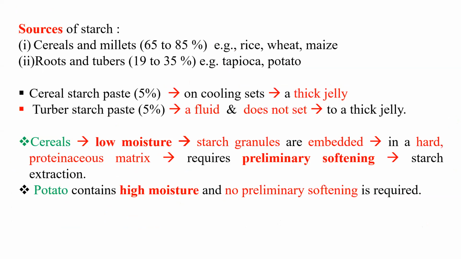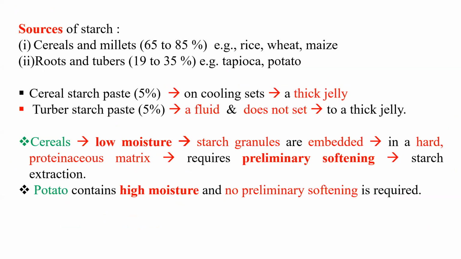There are various sources of starch. Specifically, these are divided into two groups, that is cereals and millets, and roots and tubers. Cereals and millets contain in the range of 65 to 85% of starch, for example rice, wheat, maize, etc. Whereas roots and tubers contain in the range of 19 to 35% of starch, for example tapioca and potato.